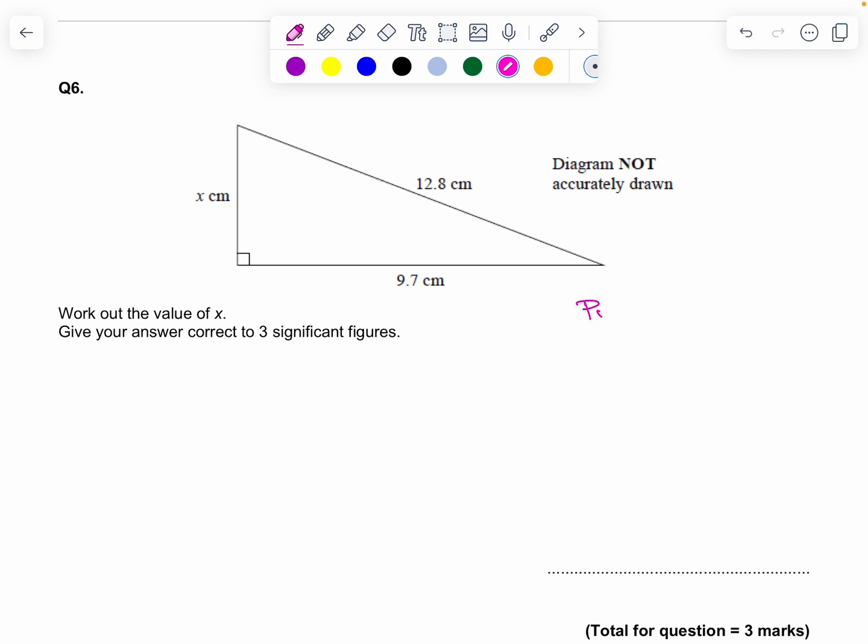All right, work out the value of x. So this was a Pythagoras question. They give you the longest side already, so you have to subtract. It's 12.8 squared, take away 9.7 squared. That gives you 69.75.